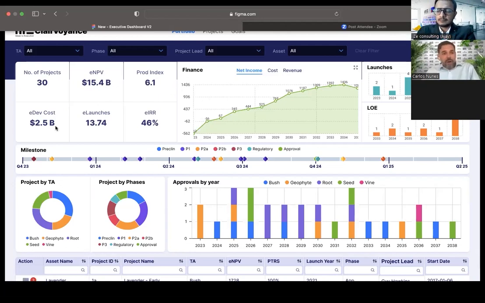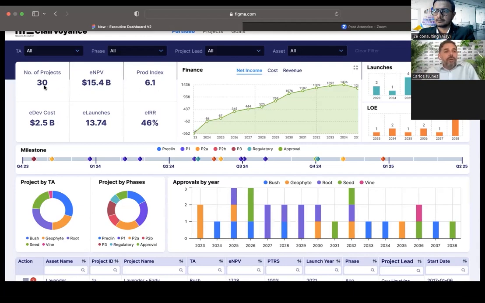With an expected cost, and this is risk adjusted and time value of money adjusted, of $2.5 billion would give us, in really simple calculations, a 6-fold value proposition. So productivity index of 6.1.